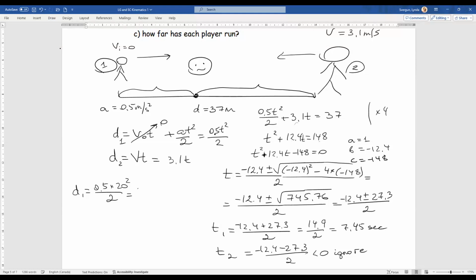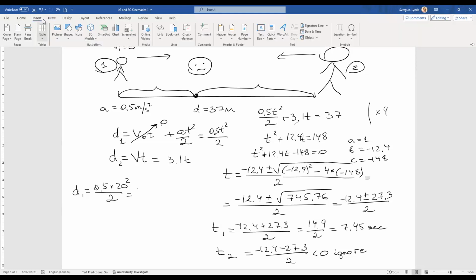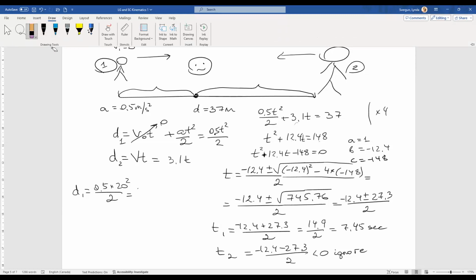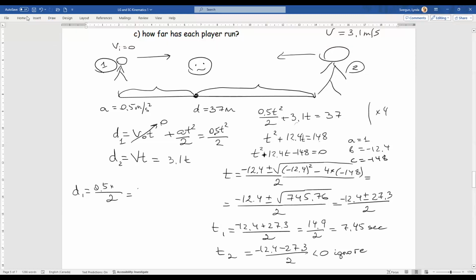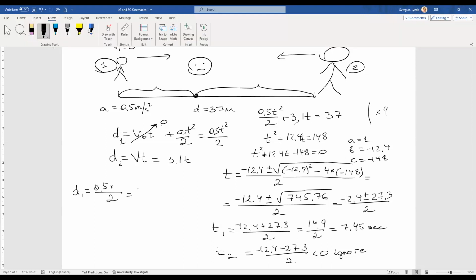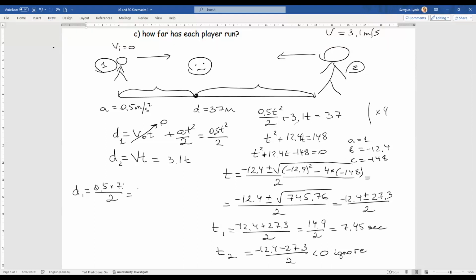Now, how far did they run? You can plug into formulas for distance, time. 745 squared.